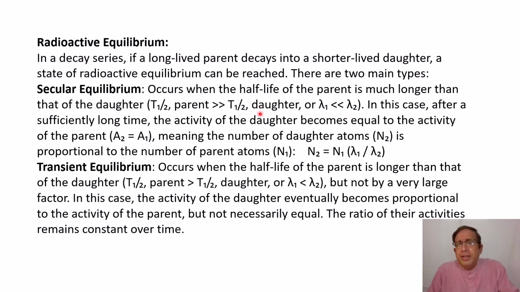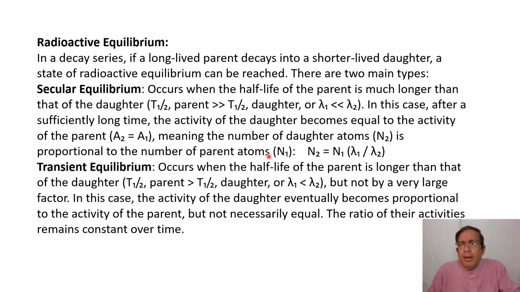So after a sufficiently long time, the activity of the daughter nucleus becomes equal to the activity of the parent. This is intuitively quite obvious: if T1/2 of the parent is much larger than T1/2 of the daughter, then after some time A2 will become equal to A1. In that case, the number of daughter atoms N2 is proportional to the number of parent atoms.